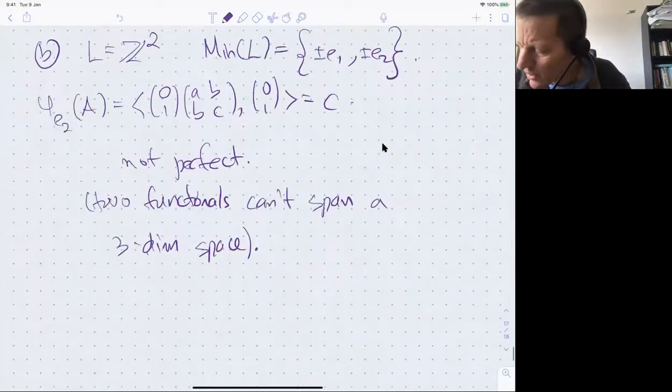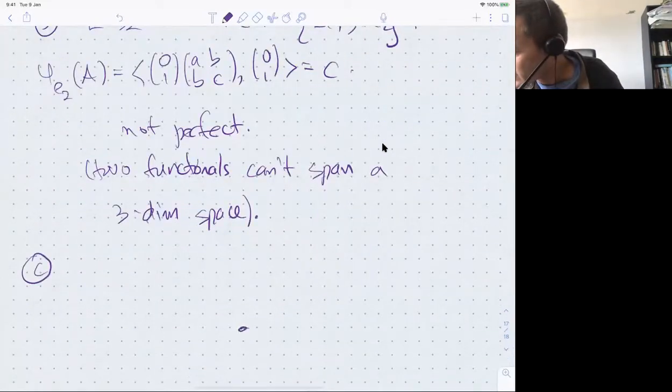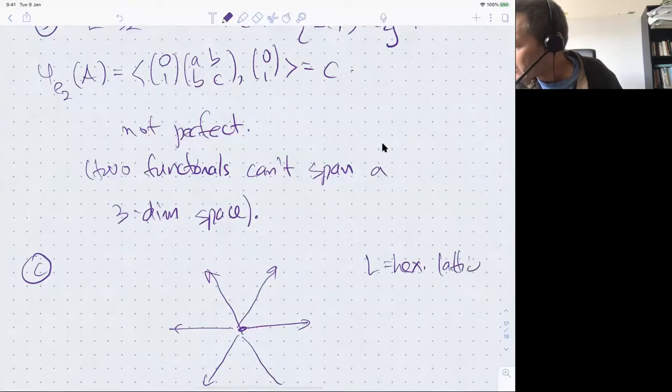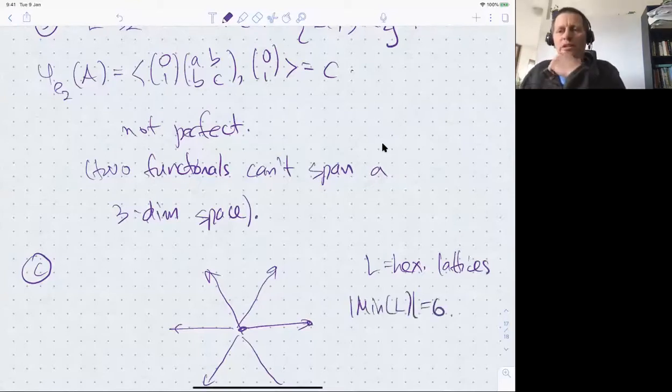The case which is part of the exercises is the hexagonal lattice, and these are the minimizers. So L equals the hexagonal lattice. There are 6 minimizers, 3 pairs of plus minus linearly independent vectors.